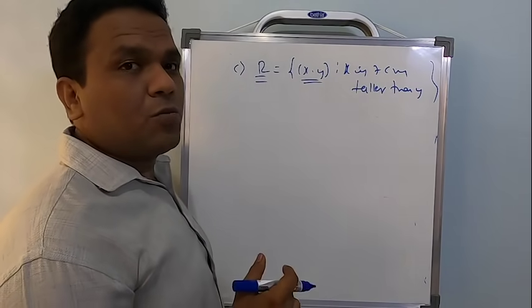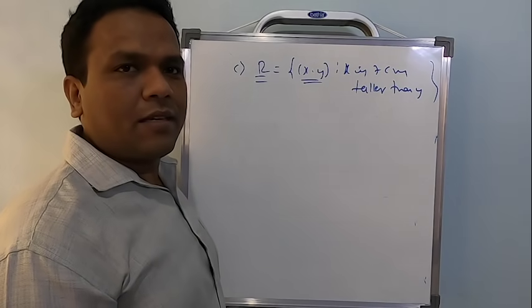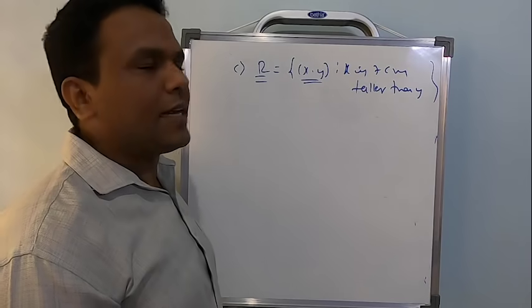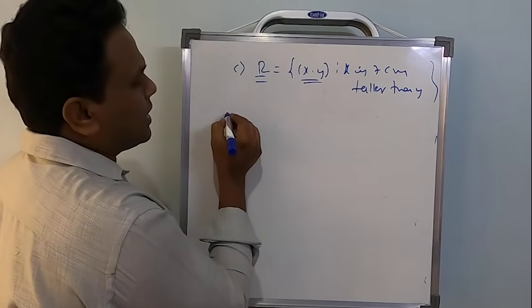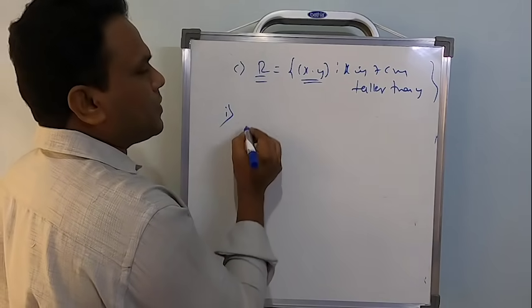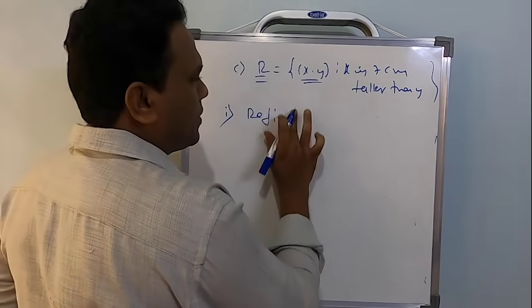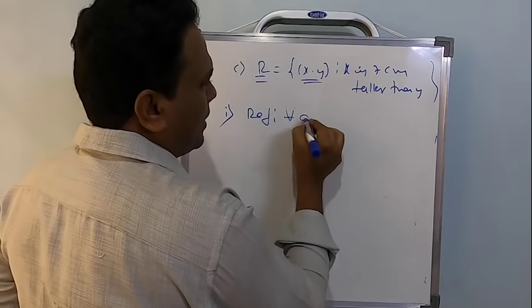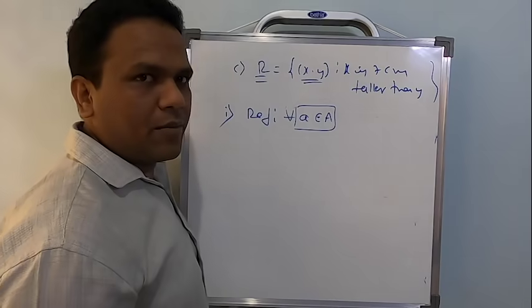The relation between the 2 persons is the first person should be exactly 7 centimeter taller than the second person. Correct? Now that type of ordered pair will exist in the given relation. Now to start with, I have to check for reflexive, right? So for all A belongs to the given set. See, this has to be the given set always, that should be remembered.